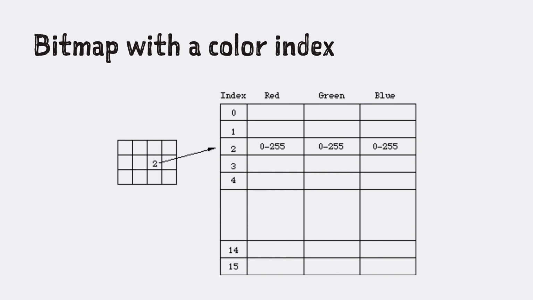There is a small palette on the side. The palette says, everywhere there's 2, draw this color, and then you can store, instead of 4 bytes per pixel, only 1. And then go back to the index every time and read what that color really is, and draw that color.